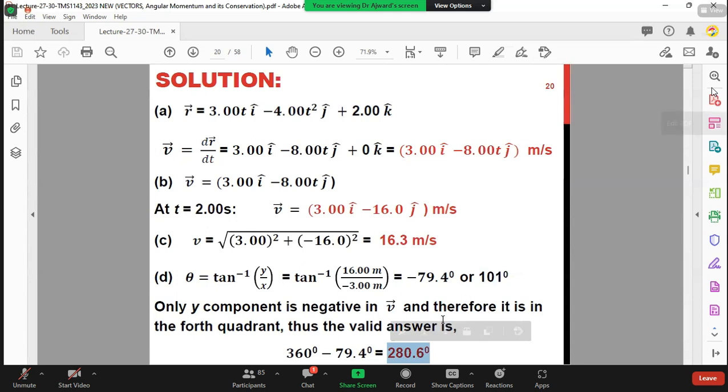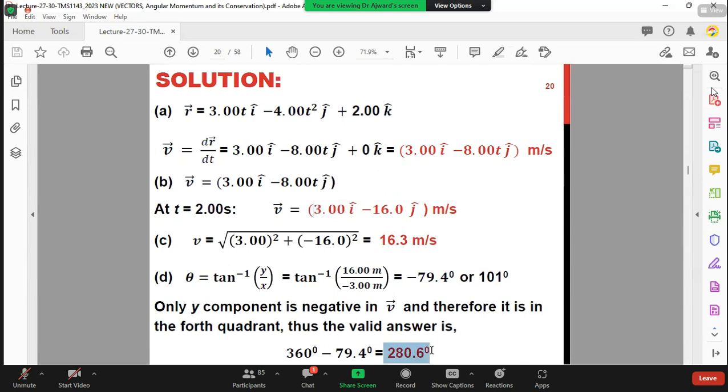Does everyone understand that? Maybe that answers the question that one student asked previously, what happens if tan is negative? Yes, this one actually answers that. If tan is negative, the angle is either in the second quadrant or in the fourth quadrant. But since here the x component is positive, it has to be in the fourth quadrant.